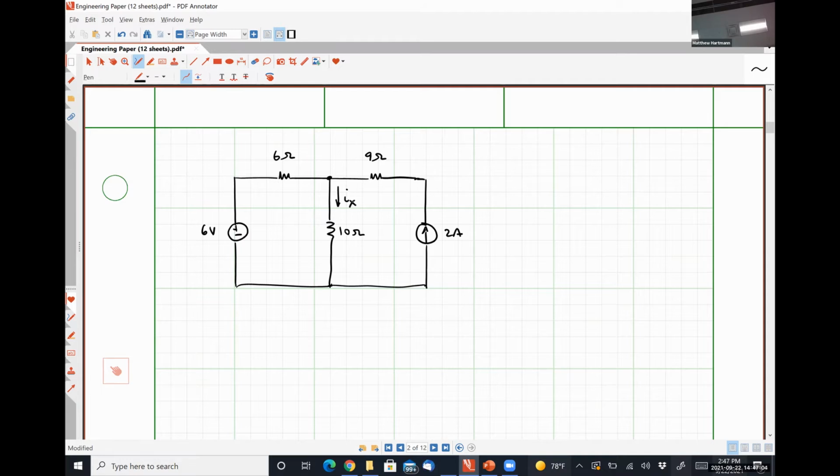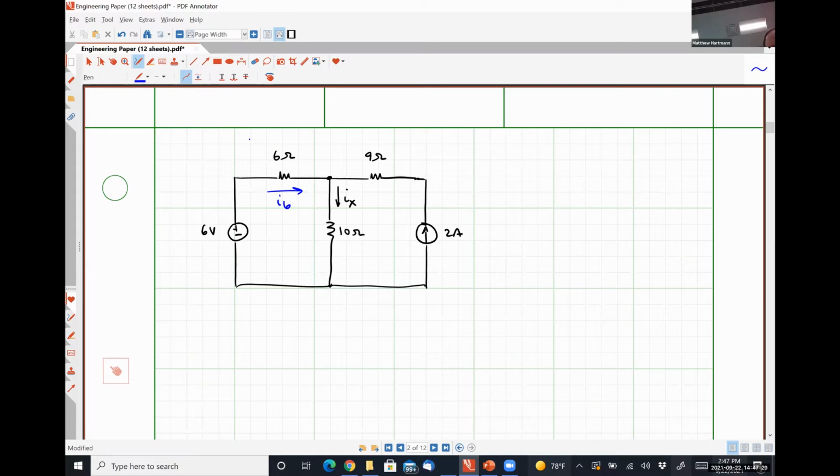So I would say, let's see. I'm going to call this current right here, in a different color, I6, because it's the current flowing through the 6 ohm resistor.